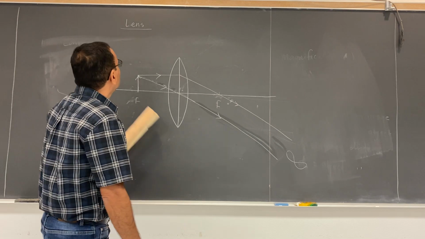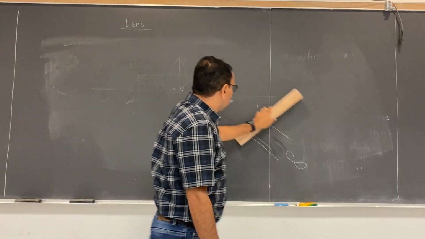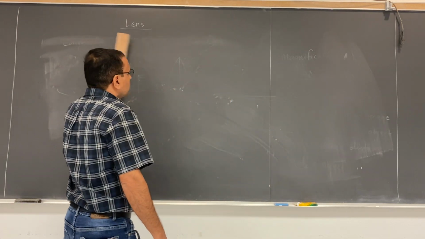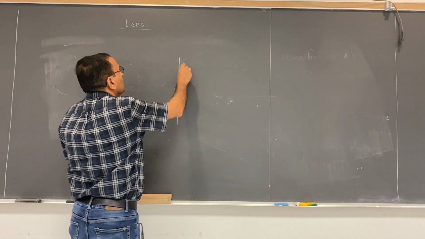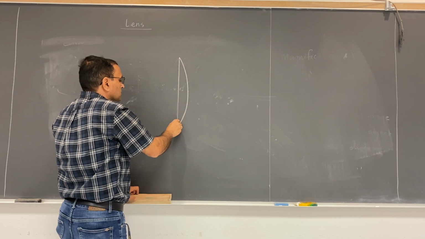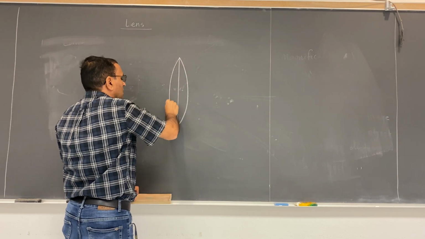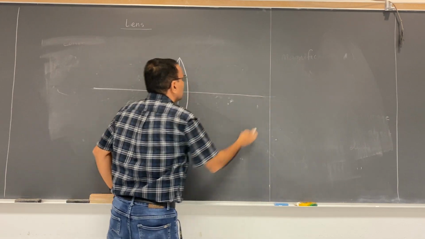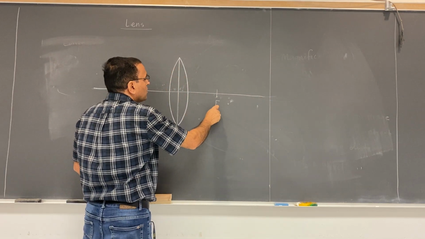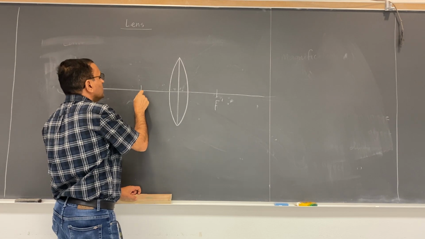Now I want to give you one homework. You can use your ruler and protractor to draw this again. This is your convex lens, and here is the principal axis. This is your focal point F prime, another focal point F here.